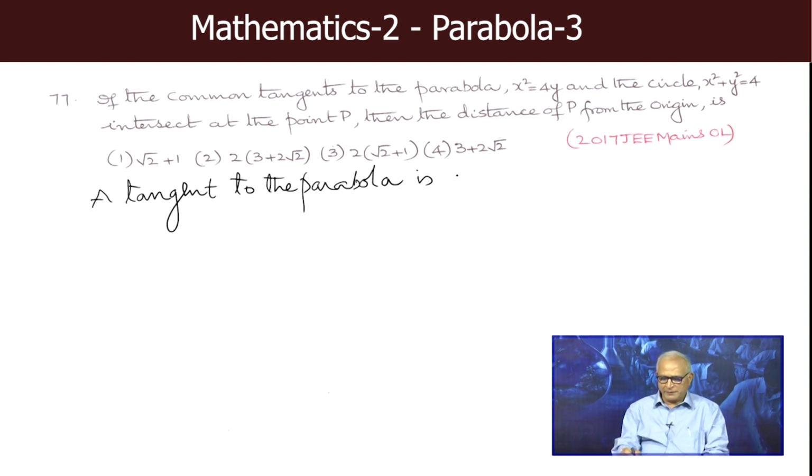So, y minus tx plus a into 1 plus t square equal to 0. Y minus tx plus t square equal to 0.